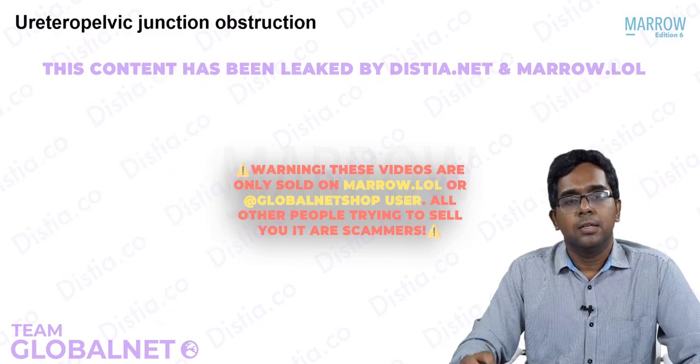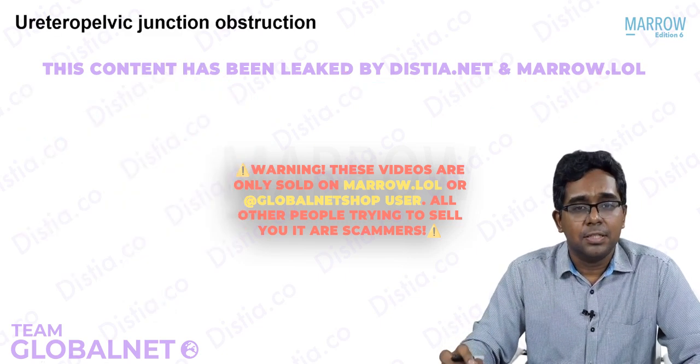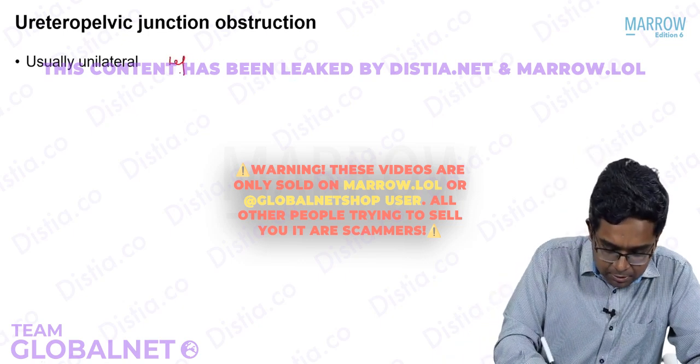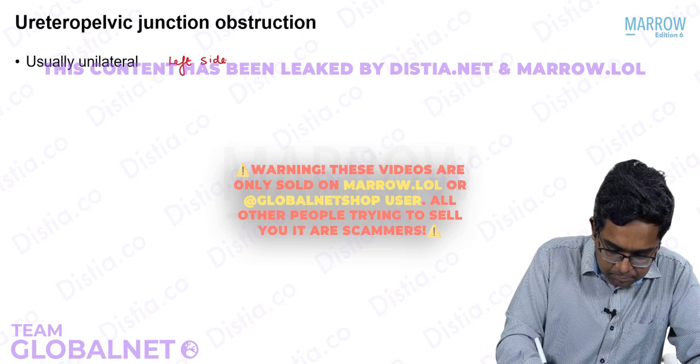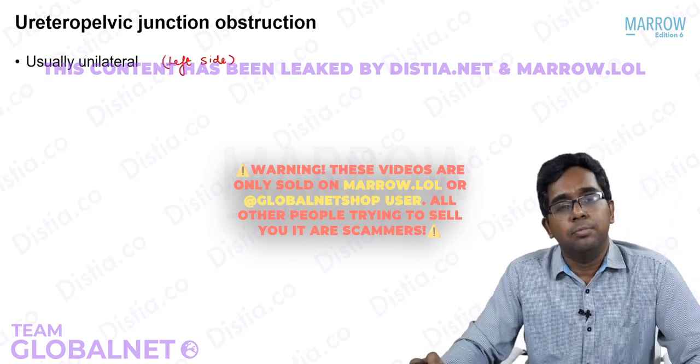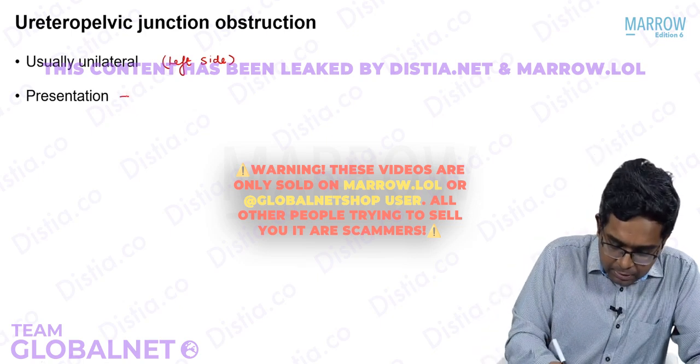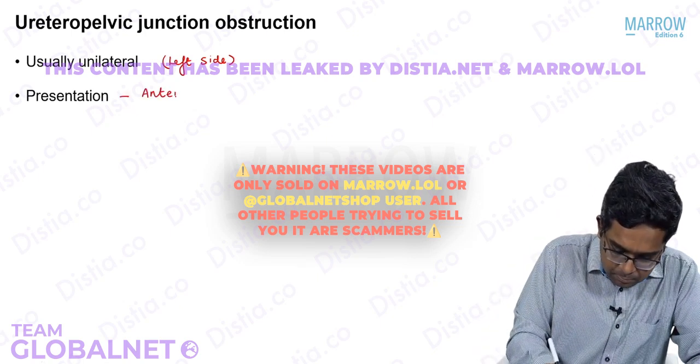Please remember that this condition is usually unilateral and more common on the left side compared to the right side. Another important point is the presentation is usually with antenatal hydronephrosis.